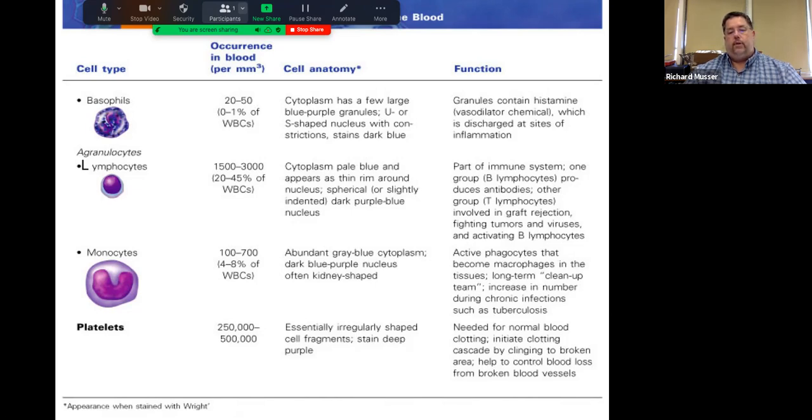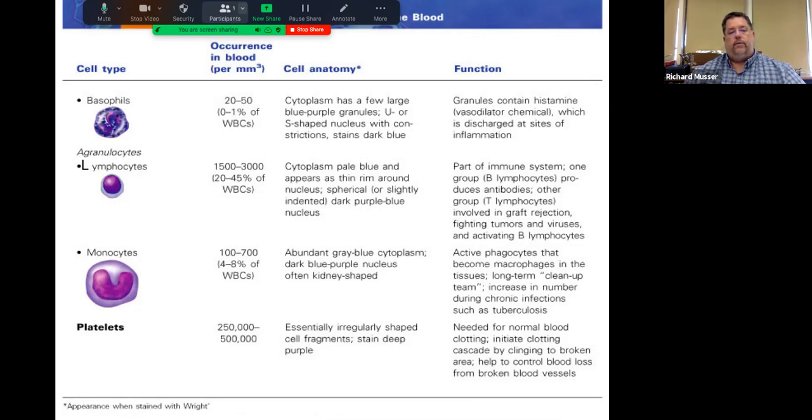A good example of chronic infection is tuberculosis, which is obviously a pretty serious lung disease that would cause people to be sick for long periods of time. I often think about this as more in the cowboy days, but tuberculosis also exists today. Monocytes have abundant gray-blue cytoplasm, a dark blue-purple nucleus, and are often kidney-shaped.